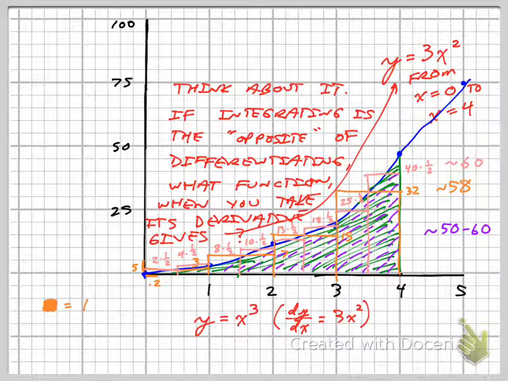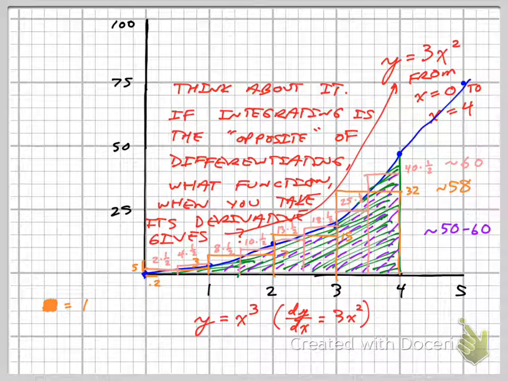In other words, if y equals x cubed, then if I take the derivative of y with respect to x, then I get the function 3x squared. And so if 3x squared is the derivative of x to the third with respect to x, then x to the third would be the integral of 3x squared with respect to x. And so what does that mean?